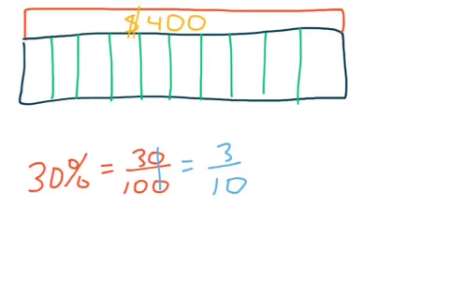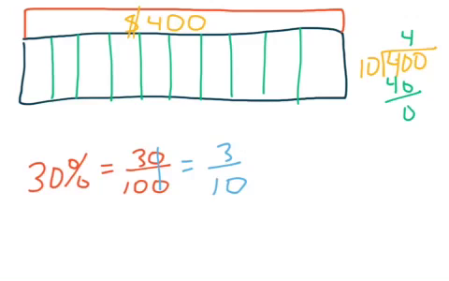Well, if all 10 sections equal $400, then we're going to divide 400 by 10. And maybe some of you might be able to do that in your head, but if we divide 400 by 10, let's see, 10 goes into 40 4 times.